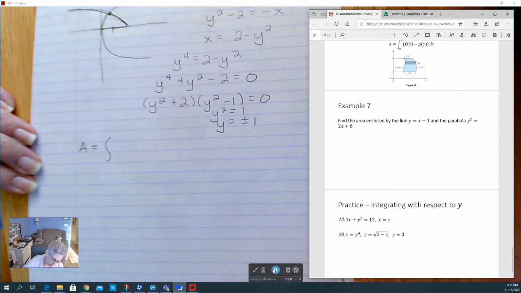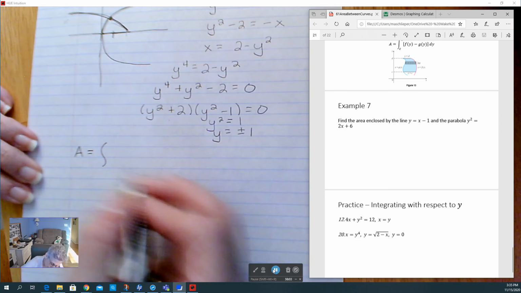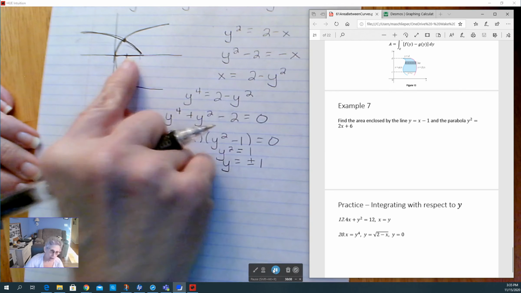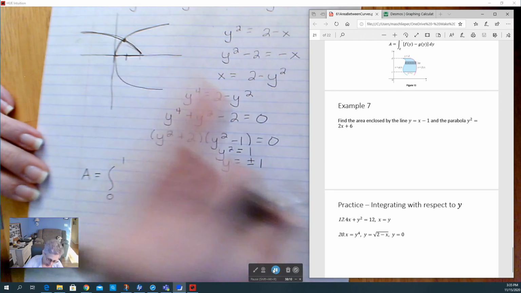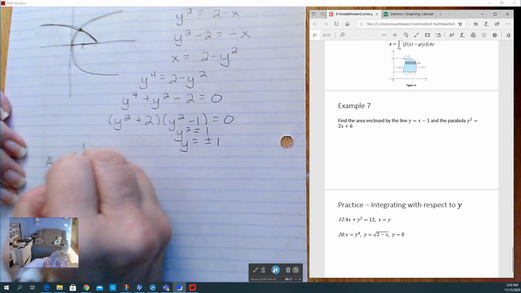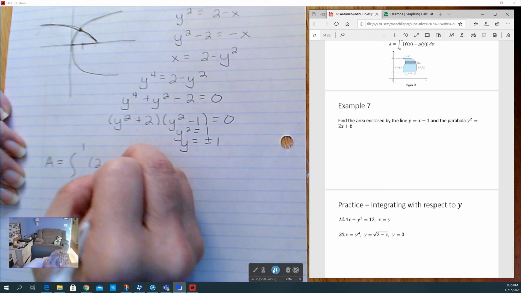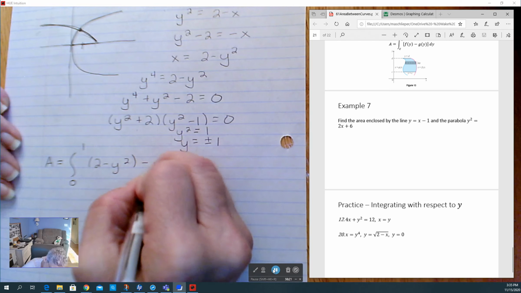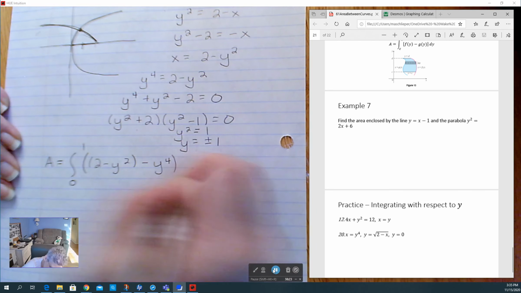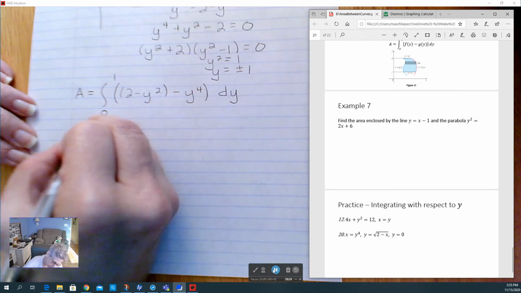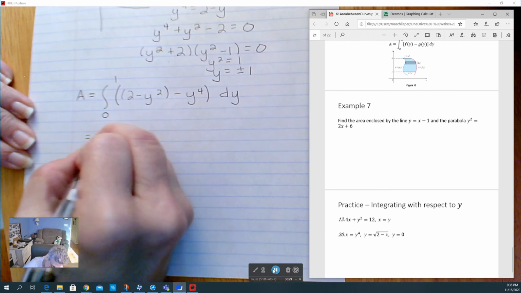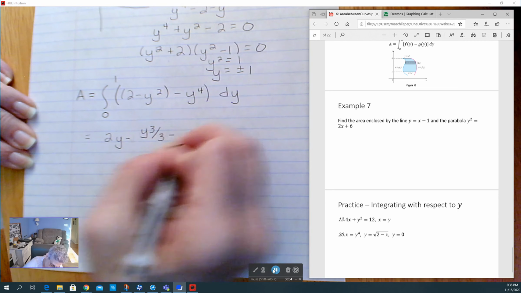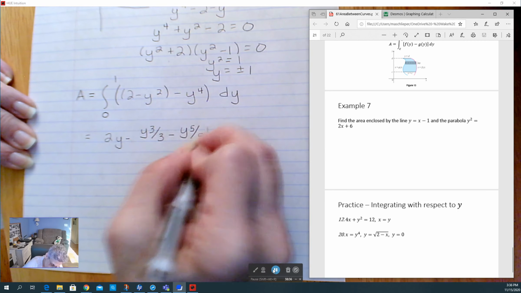My area is going to be the integral from y equals 0 to 1 of the further to the right function, and the further to the right function is 2 minus y squared, and the left function is y to the fourth power. So 2y minus y cubed over 3 minus y to the fifth over 5.